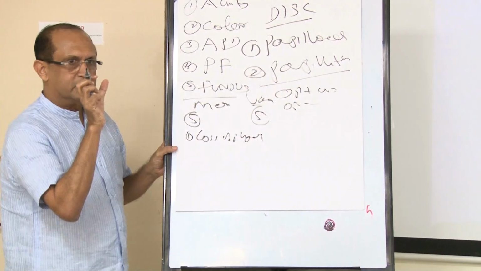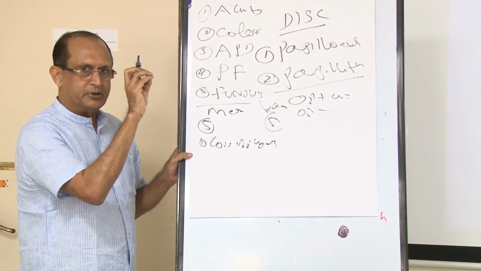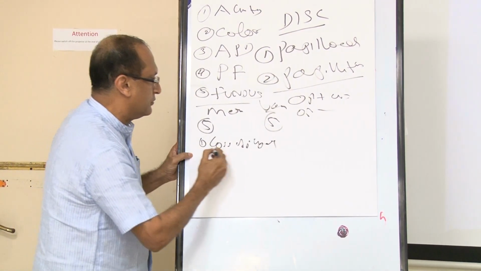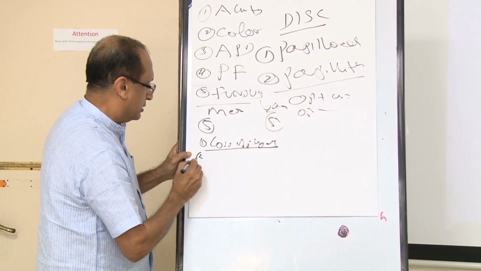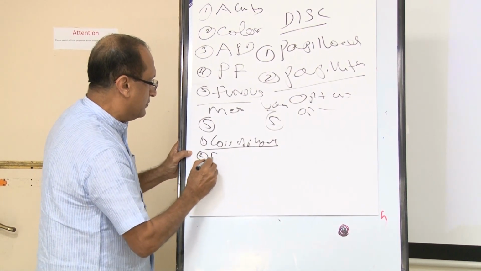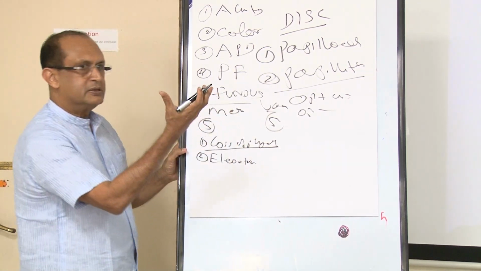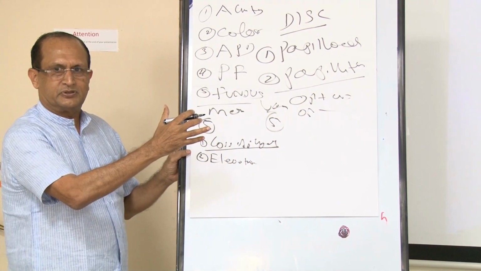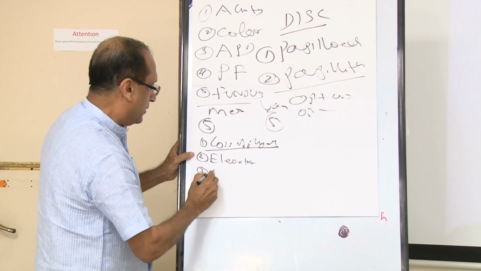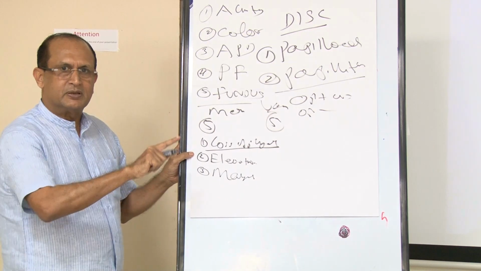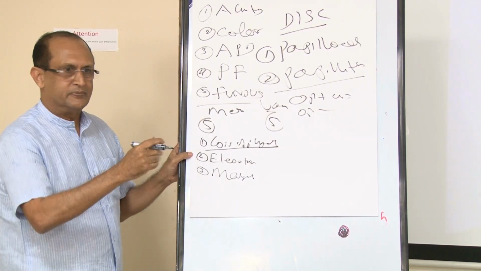You look at the fundus, at the center of the optic disc there is a cup. That loss of the physiological cup, one. Second, elevation of the disc. You can see the disc is elevated from the rest of the surface. Third one, the margins will be blurred. The margins are imperceptibly merging into the surrounding.